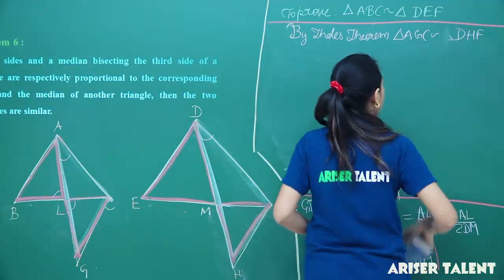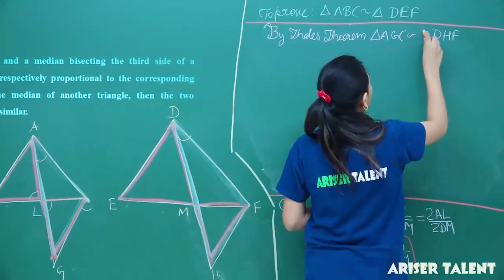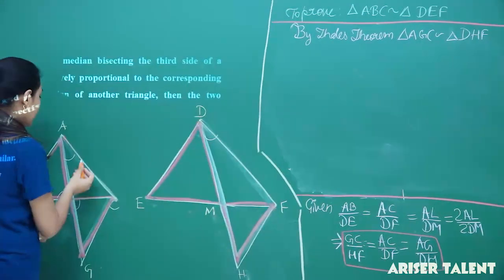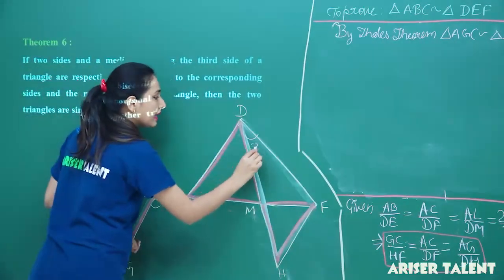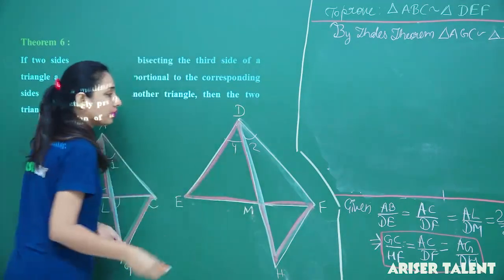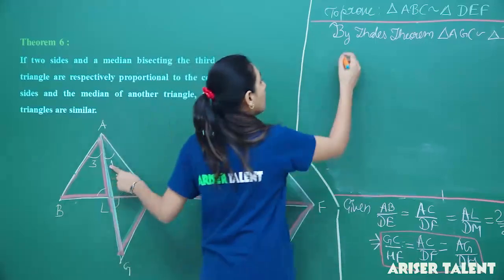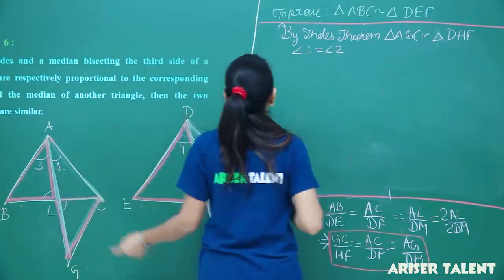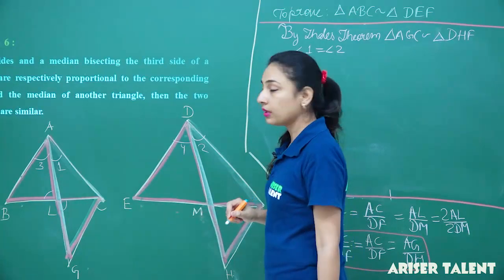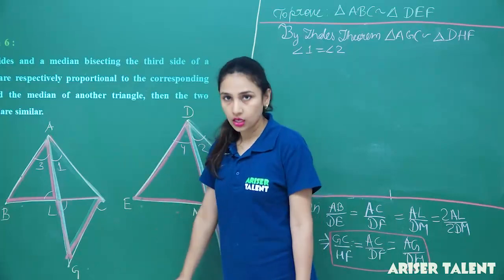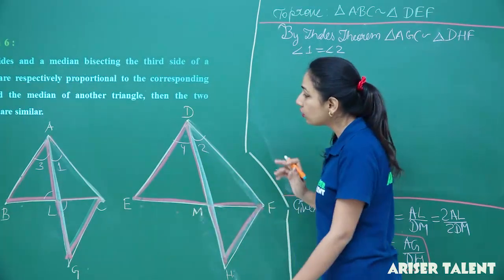Now if I represent this as 1, this as 2, this as 3 and this as 4, angle 1 equals angle 2, right, student? Because of Thales theorem, these two angles will be equal. So angle 1 equals angle 2.